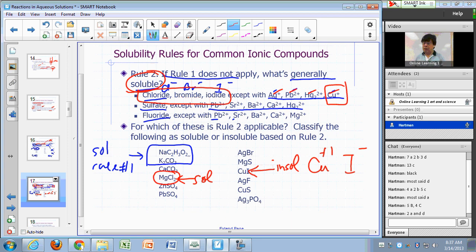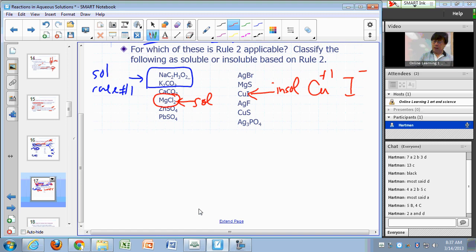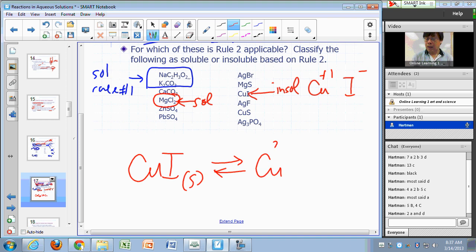So in other words, if I were to ask you to write the equation for the dissolution of copper iodide in water, you're going to say copper 1 iodide, solid. You have to draw a double arrow to write copper plus 1 aqueous plus I minus aqueous. You draw a double arrow to indicate that it is insoluble.